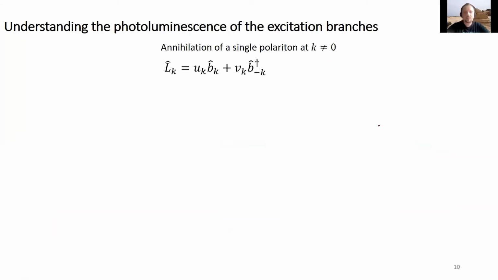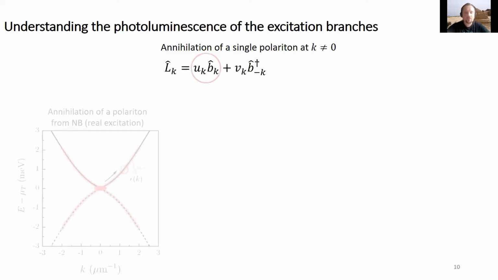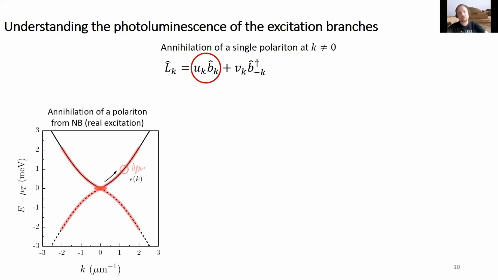So to explain this, I will briefly introduce how to understand photoluminescence of excitation branches. Looking at the Bogoliubov transformation, annihilation of one polariton can be obtained from the microcavity in two ways, at least. Firstly, just an annihilation of a real excitation, which is observed routinely in experiments.